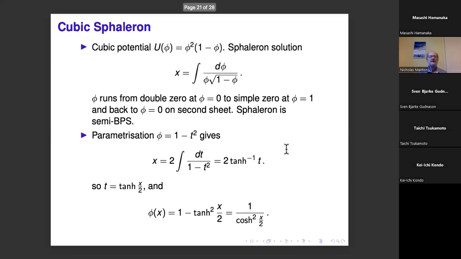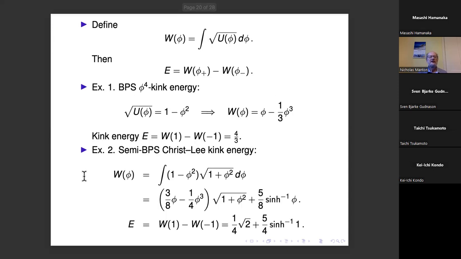You can do the same for this semi-BPS Chris Lee potential, whose kink I worked out explicitly. And w is again the integral of the square root of u, which is this thing with an explicit square root, d phi.